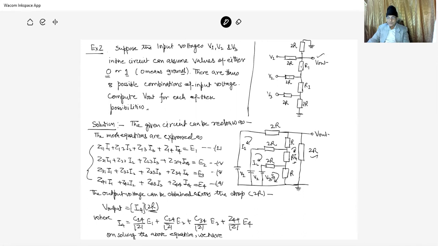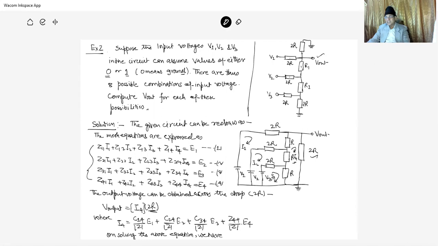So what is I4? I4 is directly given using Cramer's rule. That is C14 upon mod Z into E1 plus C24 upon mod Z into E2 plus C34 upon mod Z into E3 plus Z44 upon mod Z into E4.